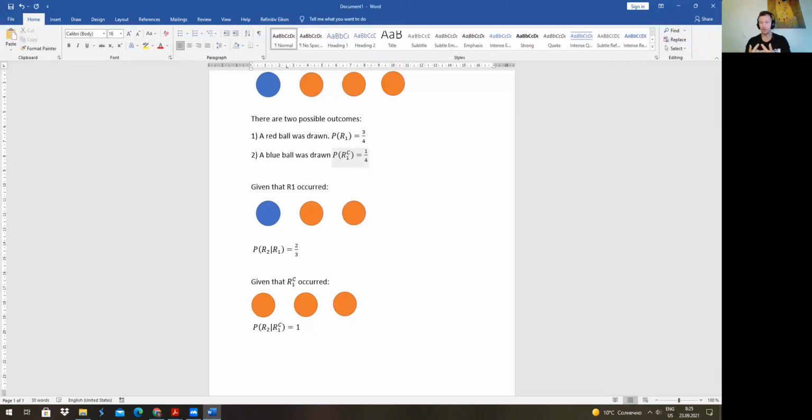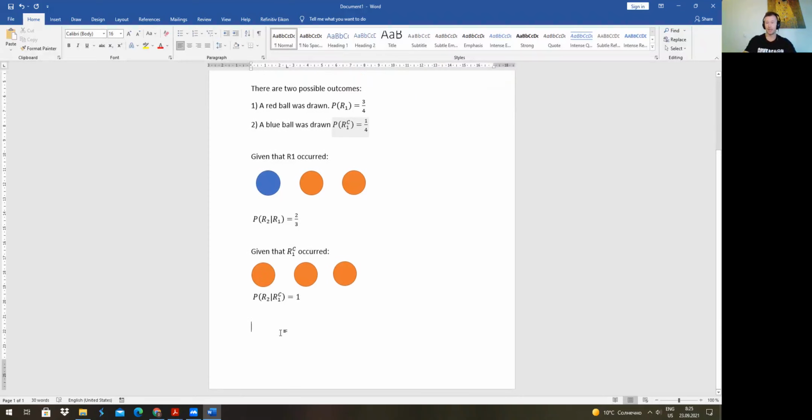Now look, I have 2 ways how to draw a red ball on the second step. One way is after taking a red ball on the first step. Another way is to take a red ball after the blue ball on the first step, right?